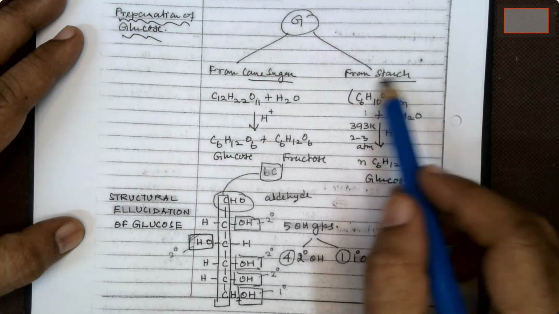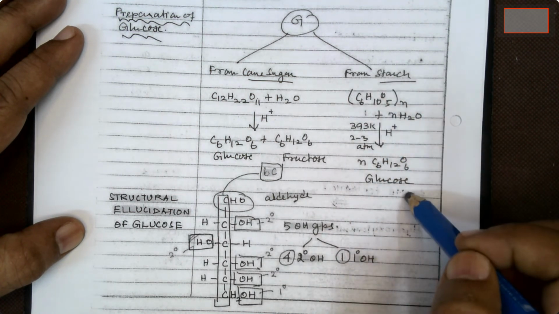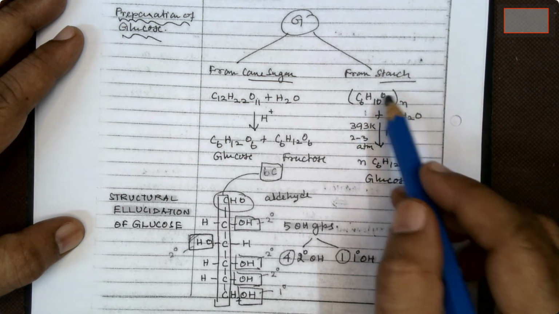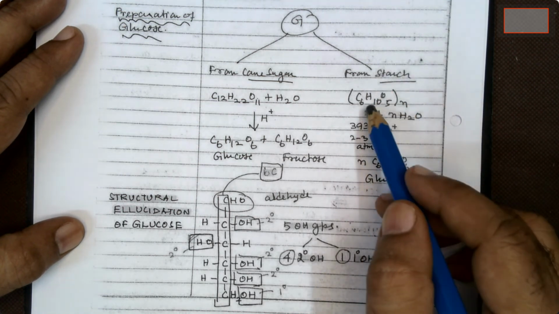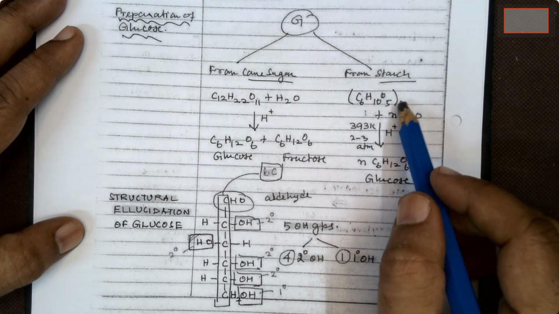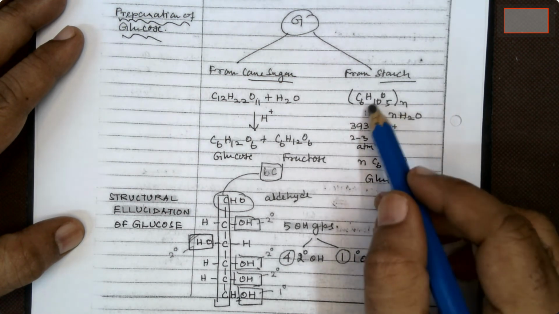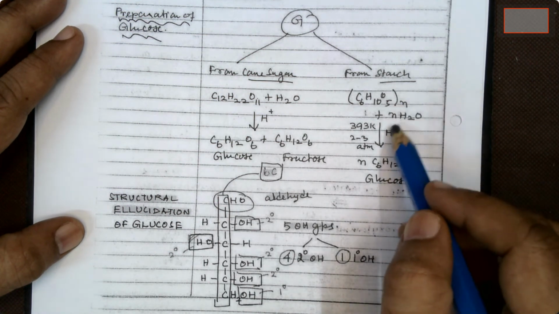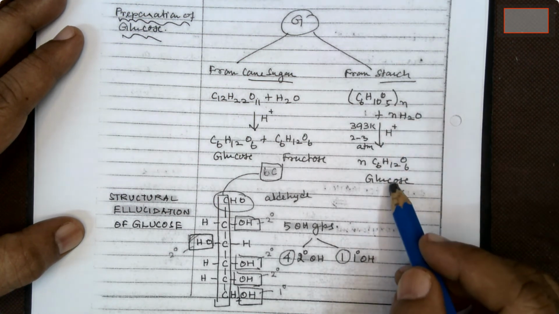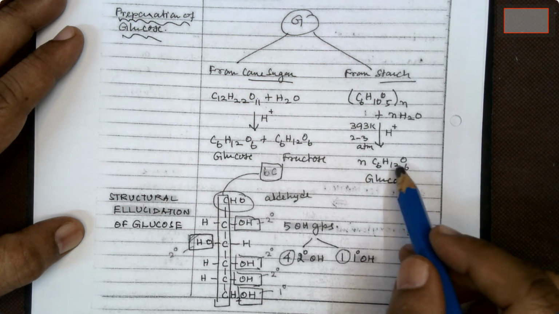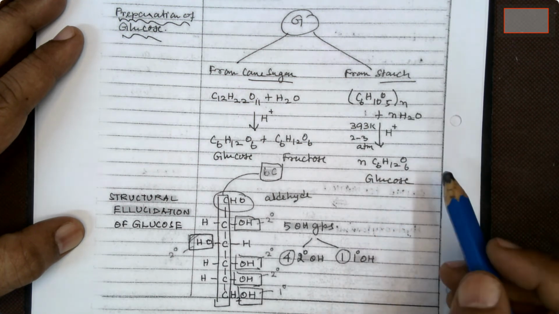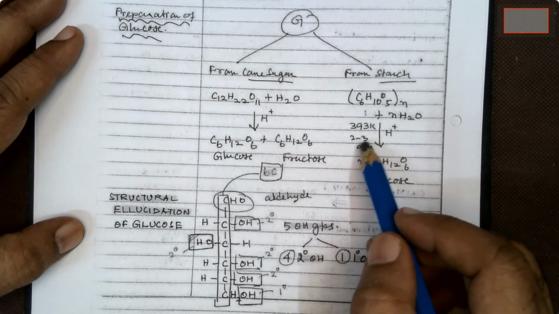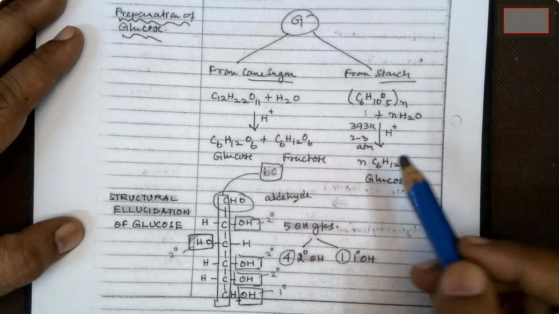Similarly, from starch we can obtain glucose because starch is the polysaccharide of the monosaccharide units, C6H12O6. So it can be written as (C6H10O5)n. When we hydrolyze it, we get n number of C6H12O6, that is glucose units, at 393 Kelvin under 2 to 3 atmospheric pressure.